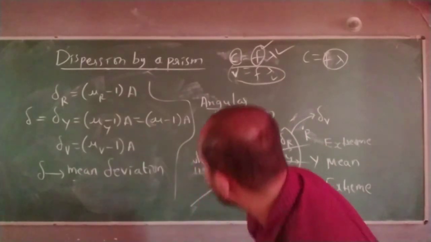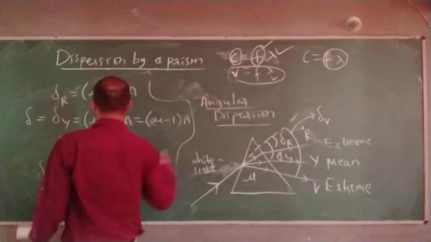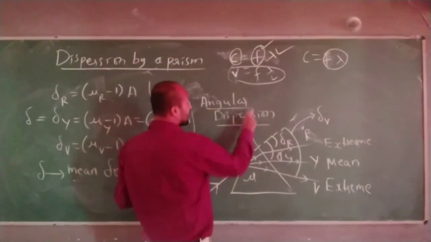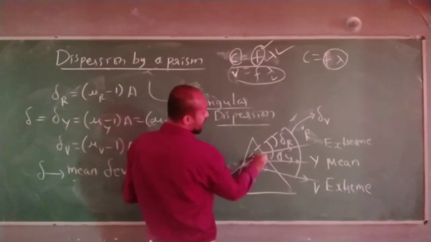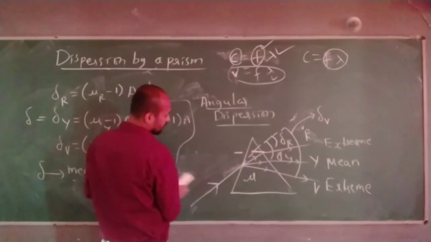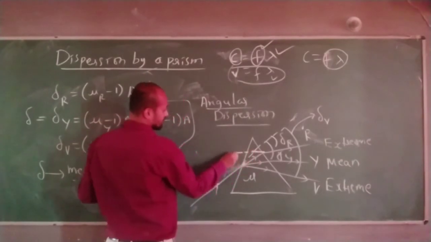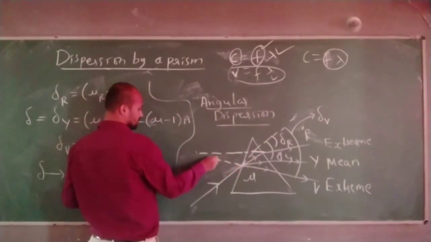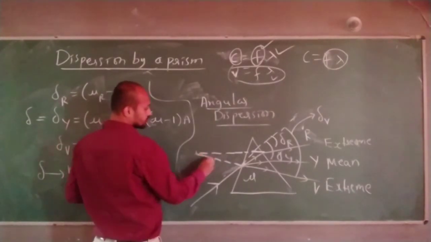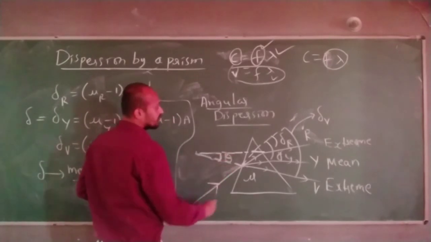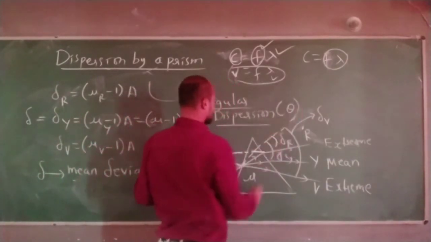So here, this is the deviation. What does angular dispersion mean? If I extend this line, this white light I will observe, and if I extend this line, this angle is theta.